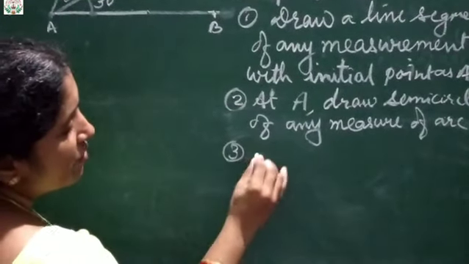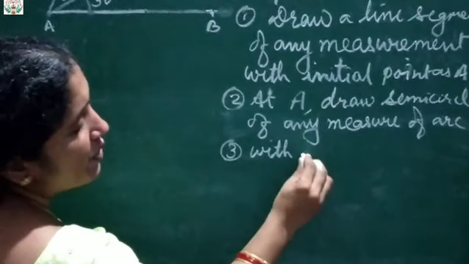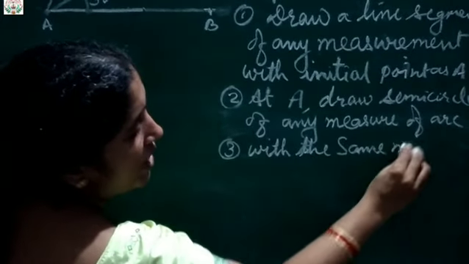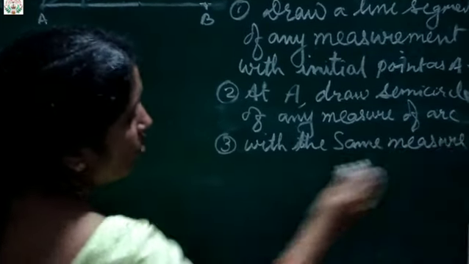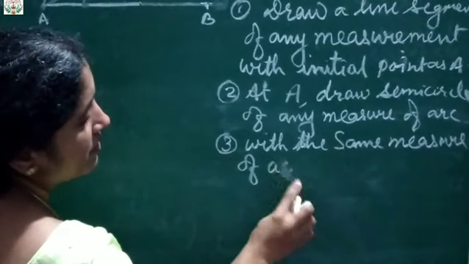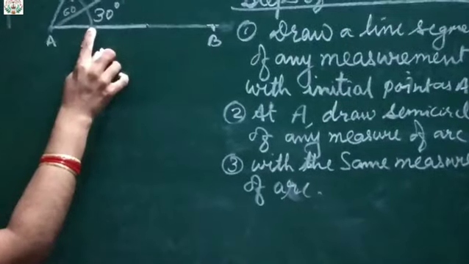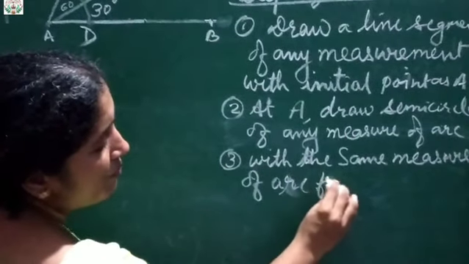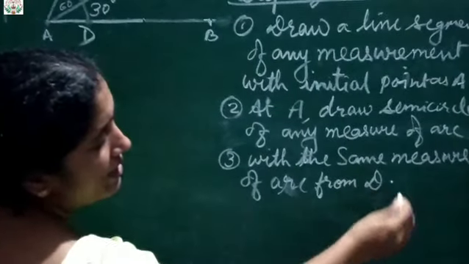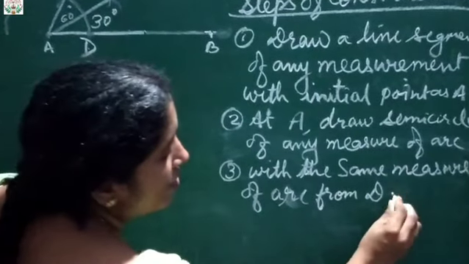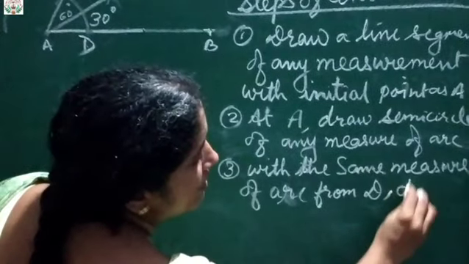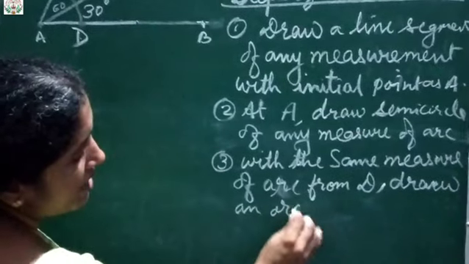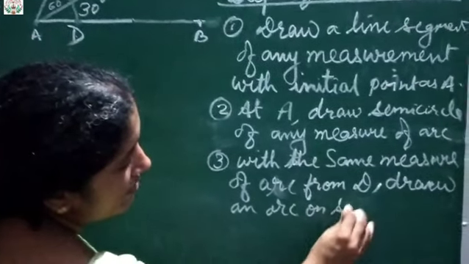Third point, with the same measure of arc, from this point, suppose this is your D, with the same measure of arc from D, draw an arc on the semicircle.